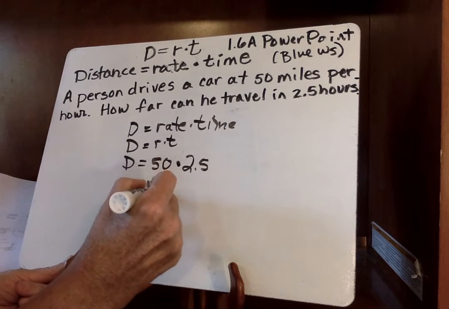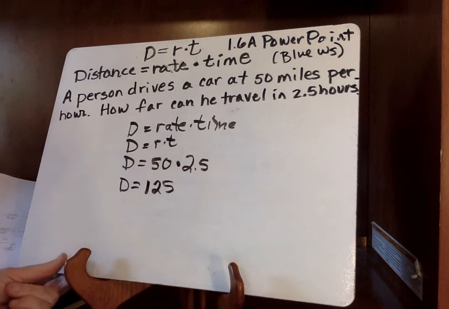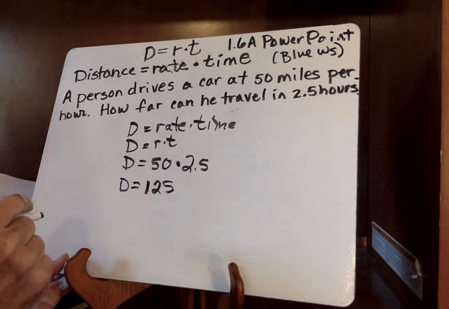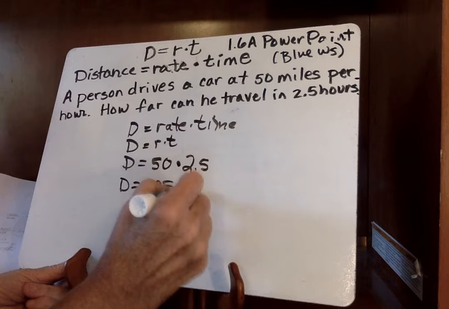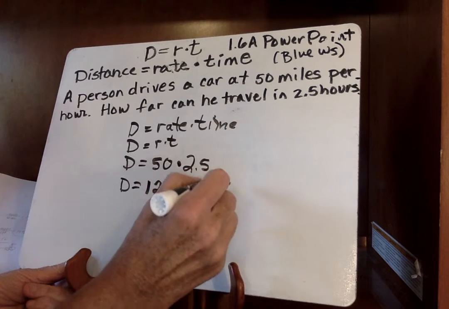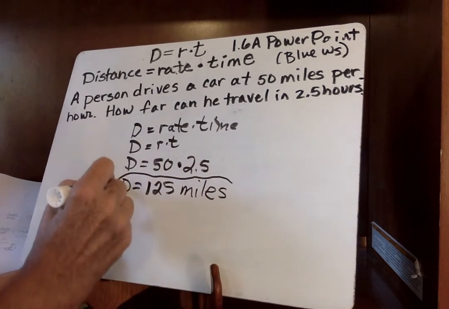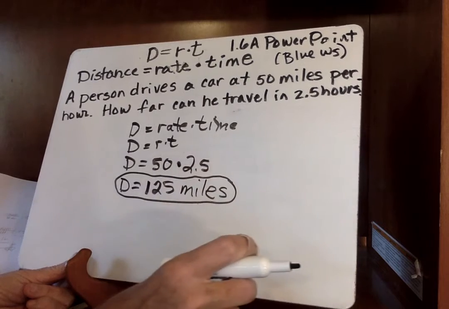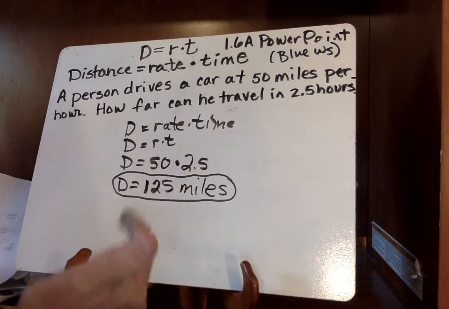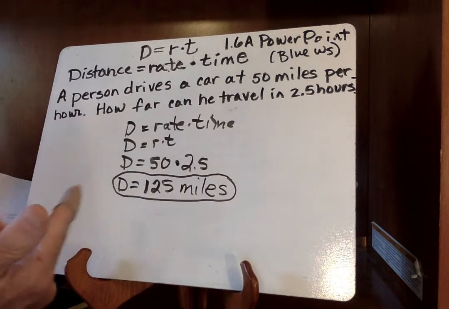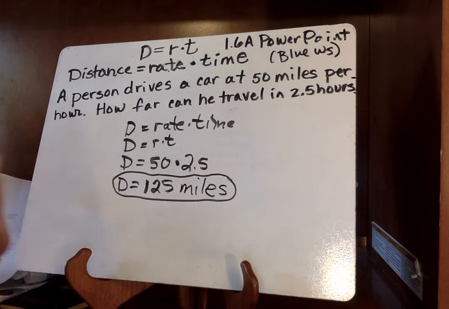So the answer is, if a person is traveling at 50 miles per hour, he travels 125 miles. Make sure you put your units in there, in 2.5 hours. You could also figure that out by saying, 50 miles per hour, so 50, 100, and then half of that, because it's 2.5 hours, that would be 125 miles.